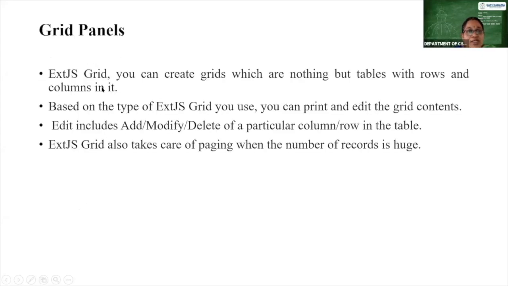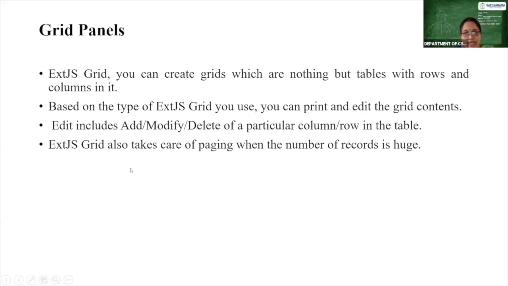So the next one is the grid panel. What do you mean by grid? It is like a table. You will have rows and columns, isn't it? You can edit the grid contents also.